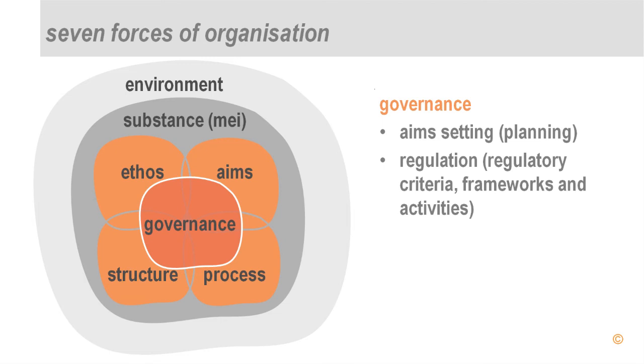There are frameworks of governance in an organization of what is and isn't allowed, legal frameworks, frameworks for how we do planning or how we do budget controls or whatever. And then we have governing activities, the planning, monitoring, evaluating, what we normally refer to as managing, and also leadership would be a governance action.